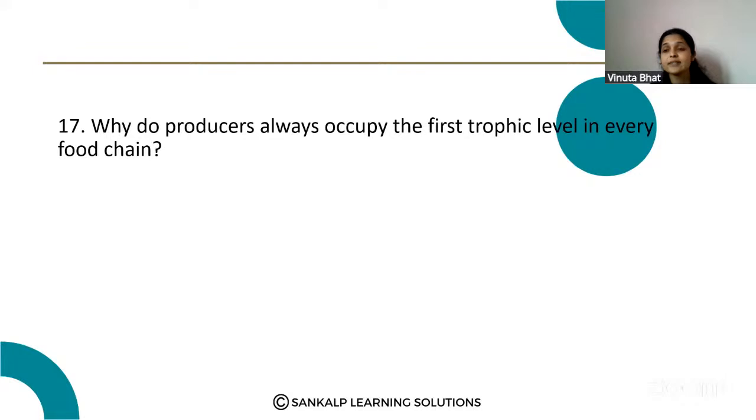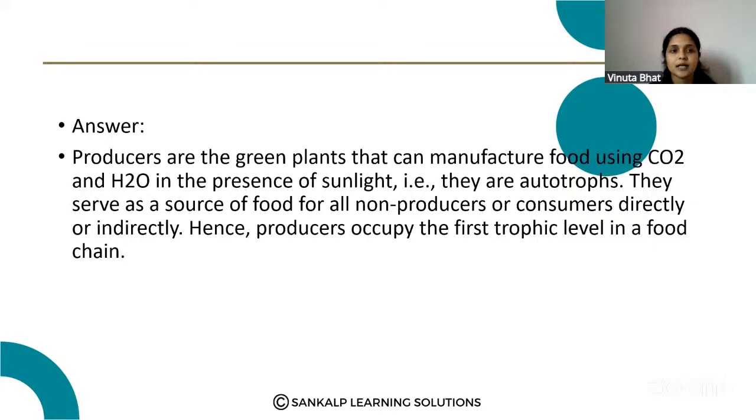Because producers capture the sunlight and get simple substances from the environment and prepare their own food. They are not depending on other organisms, but other organisms directly or indirectly depend on the producers. So the producers occupy the first trophic level in every food chain. That is the reason. Please note down the answer.